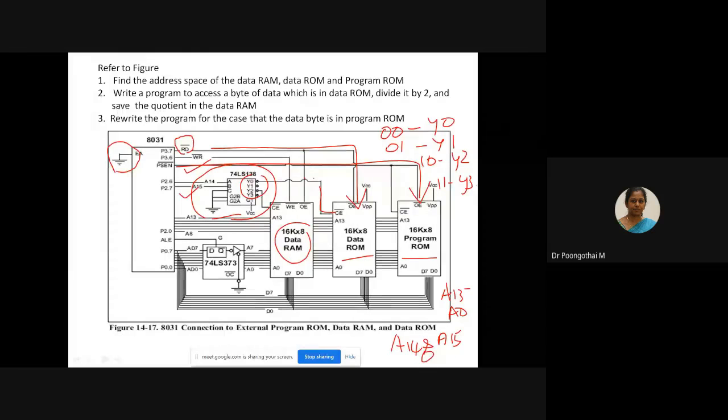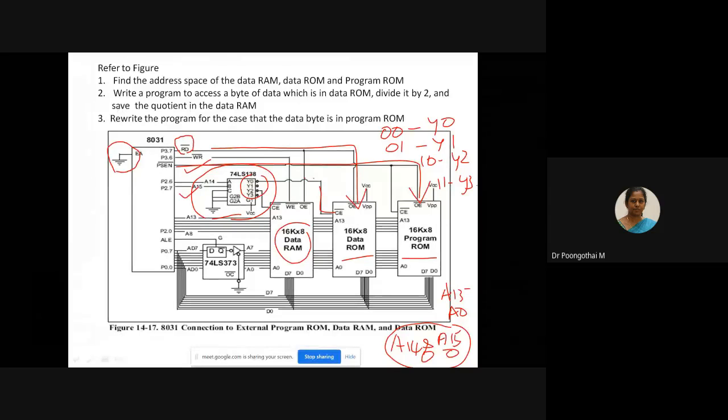So you can put 00. Only A0 to A13 address lines are utilized for program ROM. The remaining two address lines are unutilized, because A14 and A15 are involved in the Y0 to Y3 output generation. So A14 and A15 are ignored in the case of program ROM.